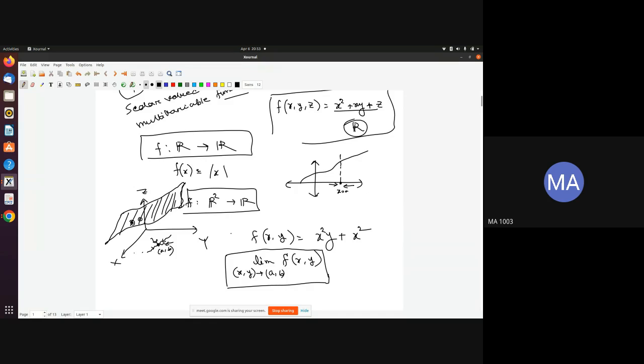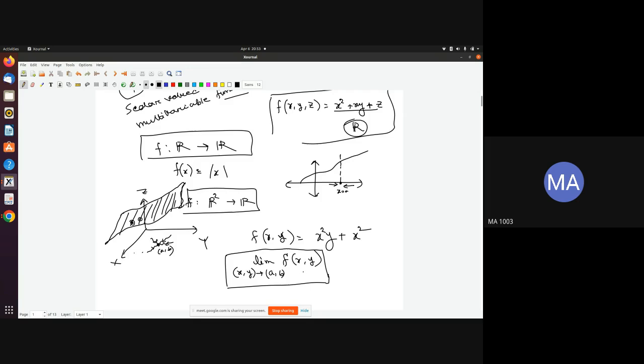Understood? Okay. But here, checking that the limit does not exist will remain the same. We have to find two paths for which the limiting value will be different. Then only we can say that the limit does not exist. The negation statement is still the same. In one variable, if the left hand limit does not match the right hand limit, then we say the limit does not exist.